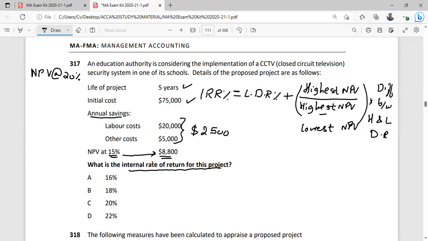Our cash flows are constant, 2,500 per year, sorry, 25,000 per year. So that's why we can use annuity value. So first of all, we will calculate the annuity value of cash flows, which is equal to $25,000 multiplied with the annuity factor. Our discount rate is now 20%.